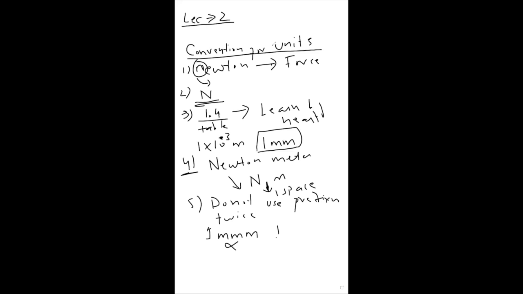You can say 1 millimeter, but you cannot say the other. This is right, this is wrong. Another example is you cannot say 1 micromicrometer, yet you can say 1 micrometer. This is correct, this is wrong, right? So this was the fifth rule or fifth convention. Convention is a better word.